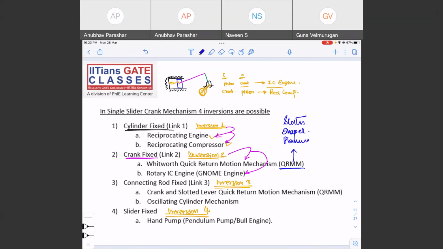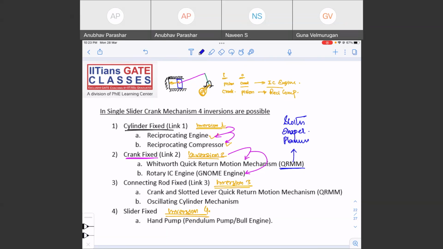So you have heard about the slotter, shaper and planer machines, right? In the forward stroke, it cuts the material, the return stroke, it comes empty. So here we have a kind of mechanism where the cutting stroke, that is the forward stroke, is done properly, slowly.